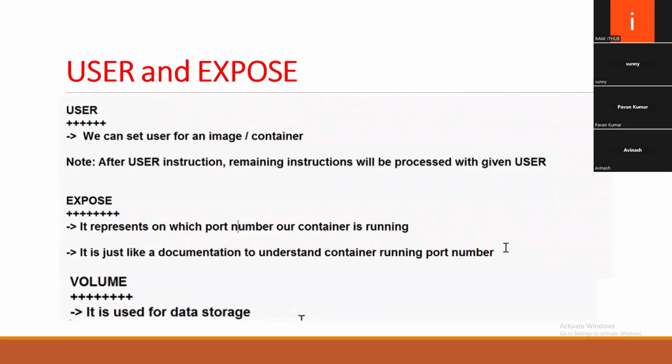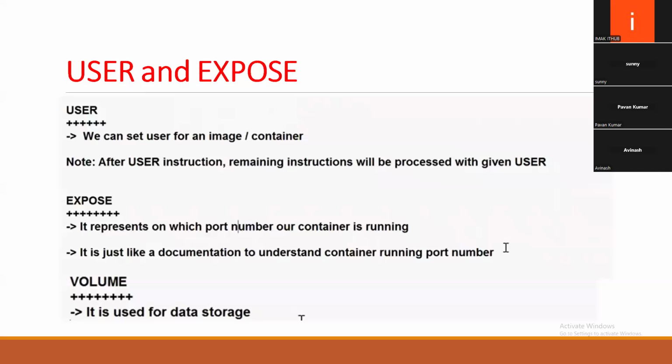So when we run, we give the port number -p, right? -p 80:80. The first 80 is the host port number, and inside the host the container is running, right? Inside the host only. So we need to enable both ports, the container port and the host port.